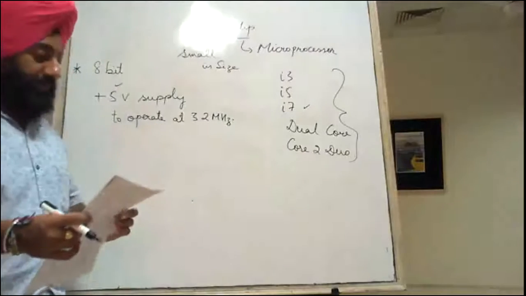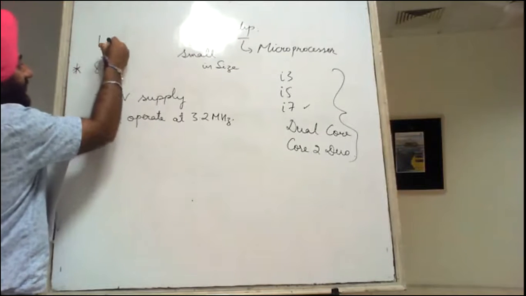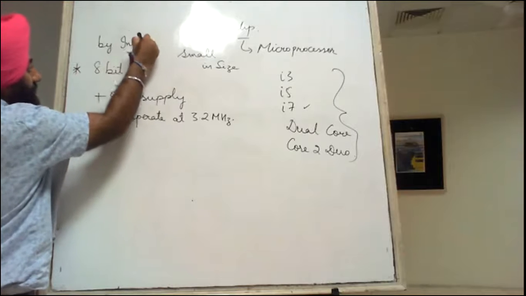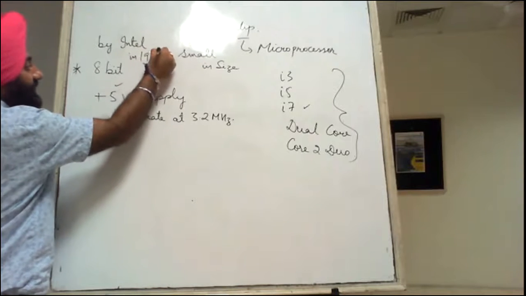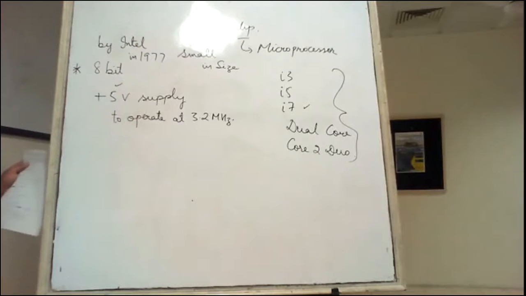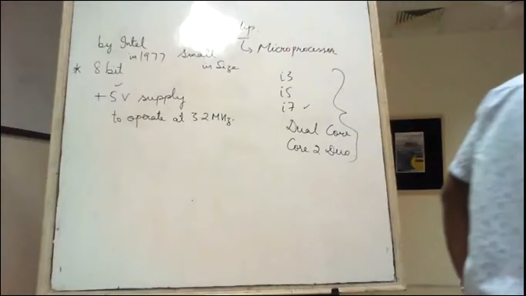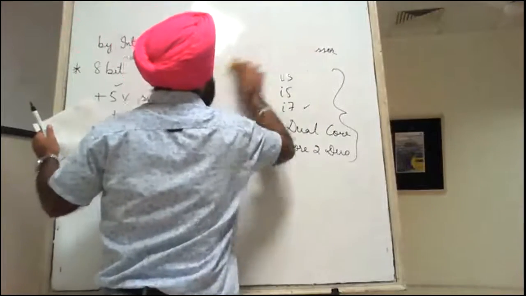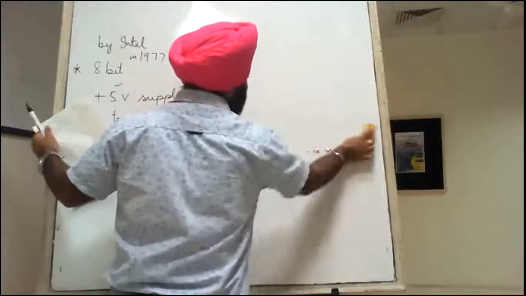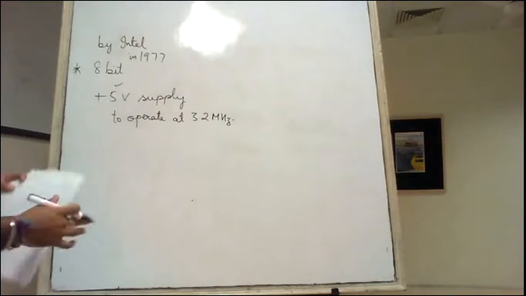So we have this microprocessor designed by Intel in 1977, using NMOS technology.